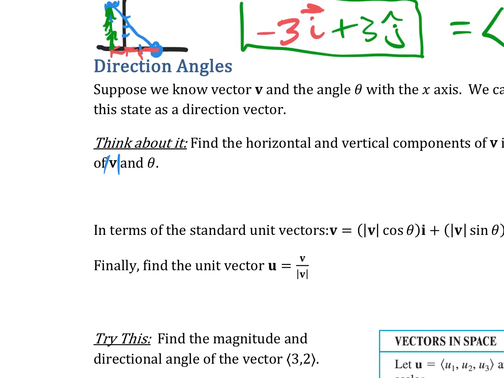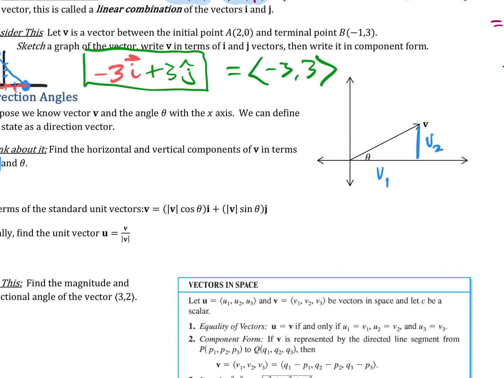In other words, let's say we know the magnitude of V. Let's just pretend for a moment the magnitude of V is 3, and let's say we know theta in radians. Maybe that's pi over 6. So let's think about some specific numbers. What would you do here to find V2?